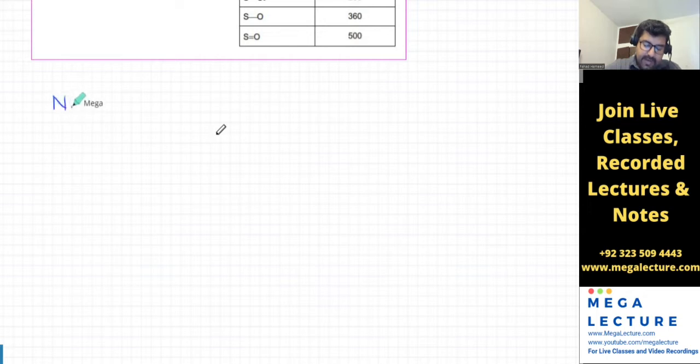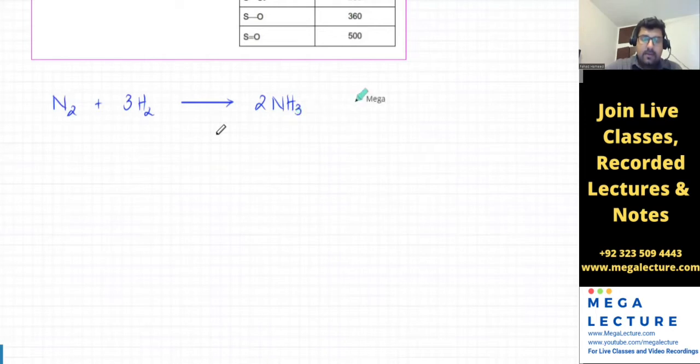I've got N2 reacting with 3 H2s, and together they're going to form 2 NH3s, and all of them are gases.